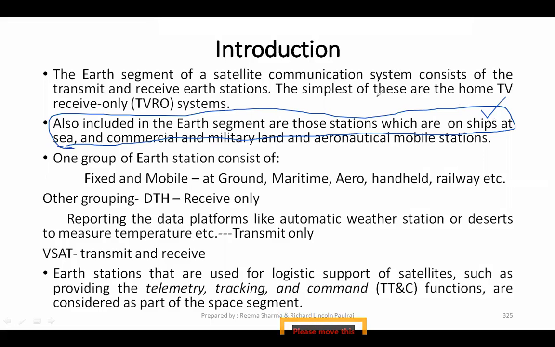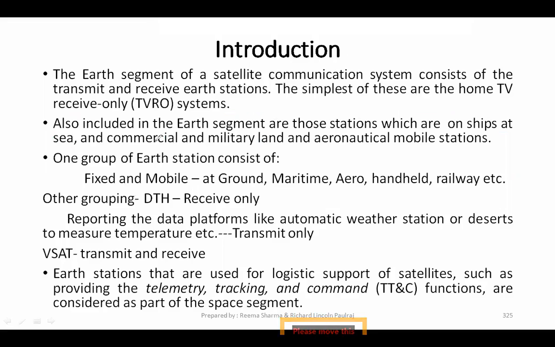Just go through the documentary of Chandrayaan to understand how ships were employed at sea for the purpose of communication. They had employed ships in different countries, and as they launched the satellite, they were able to communicate via these ships. It is a very interesting documentary, and I think you all should go through it.